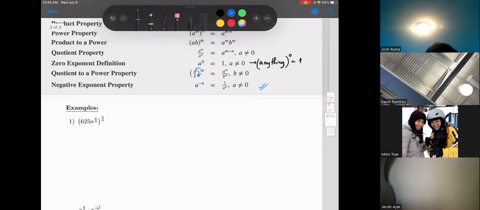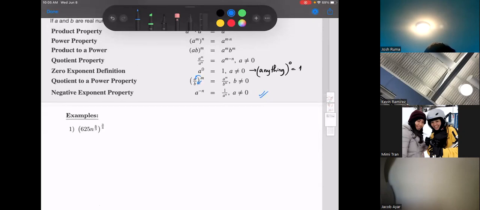Okay, so let's do this. Number 1, what would I use? What do you think I'm going to do? I'm going to distribute. So I distribute the power into each of the factors.